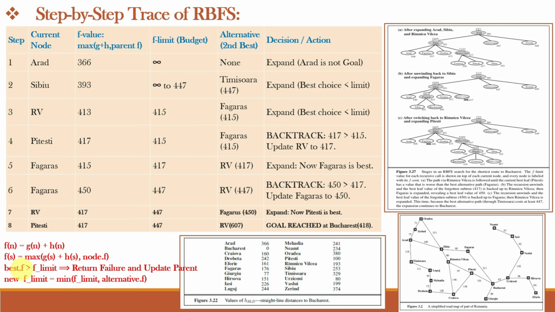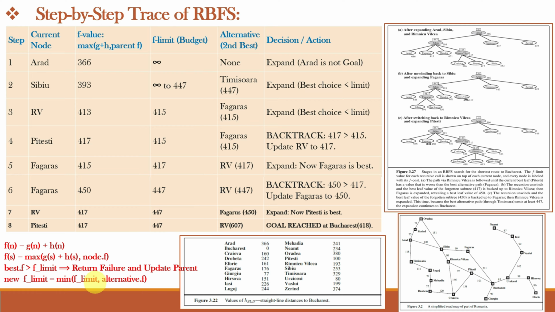Next we come to this formula. So best f now is Rymnicu Vilcia, that is 413, and is best greater than f limit. So is 413 greater than 447? No. So it will not return failure, it will go ahead. And new f limit is minimum of f limit, comma, alternative f. So alternative f, here the second best option is Bucharest, that is 415, and f limit currently is 447.